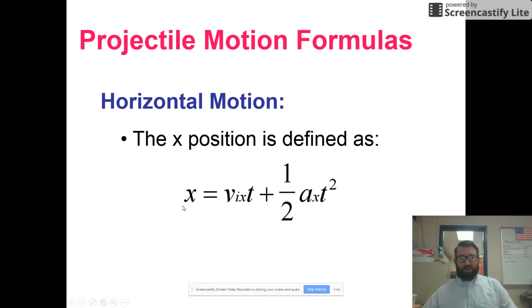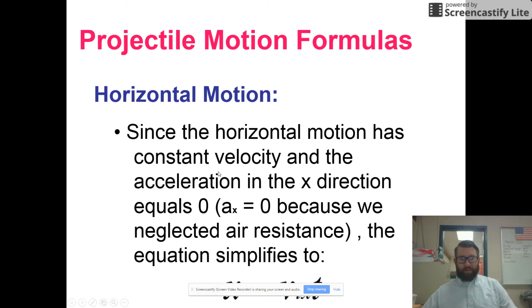The x position then is defined as x equals initial velocity of x times time plus 1/2 of x acceleration times time squared. Since the horizontal motion, though, has constant velocity and the acceleration is 0, the equation simplifies to x equals initial velocity of x times time.